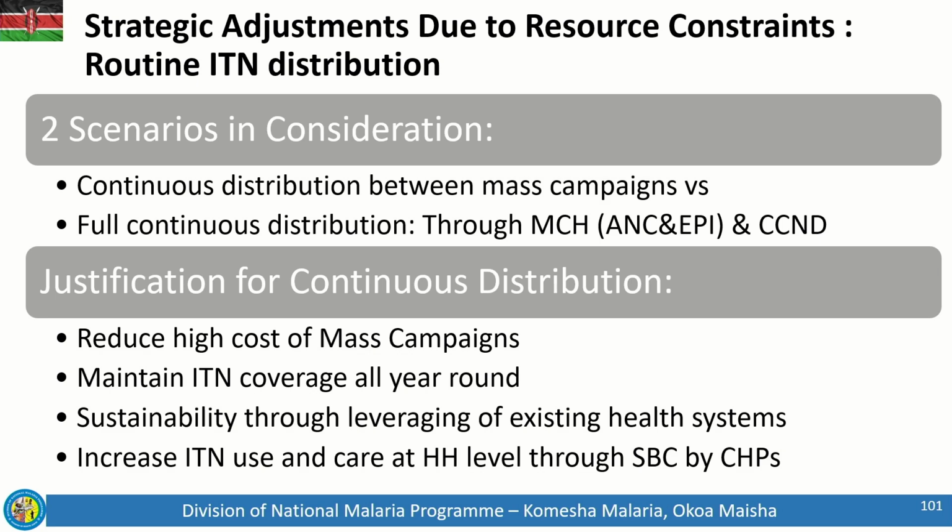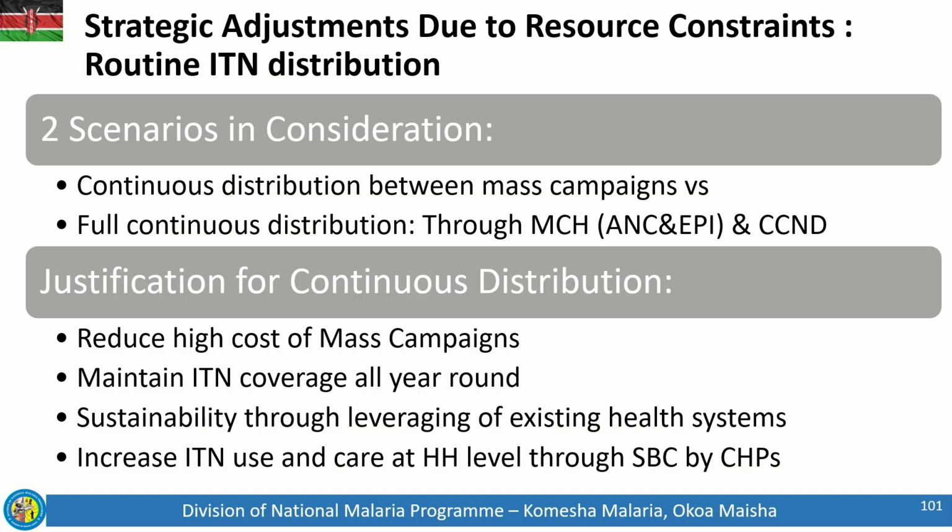So there is the community channel, the routine distribution. As I said, for the country, the one that has been working is for pregnant women and children under 1, covering about 6% of the population and leaving out about 13, and there is that attrition in coverage over the 3-year period. So 2 scenarios are being considered, and this is work in progress for the country.